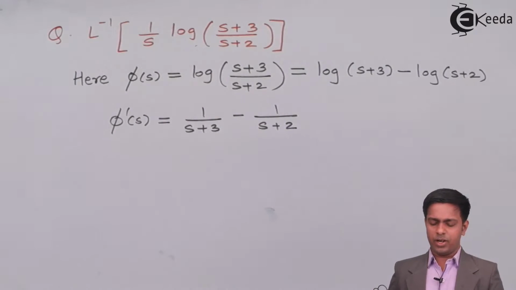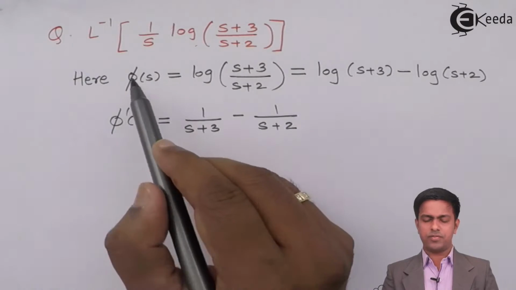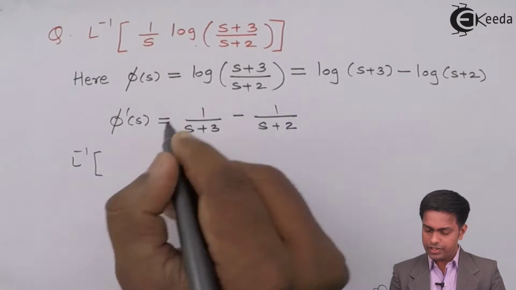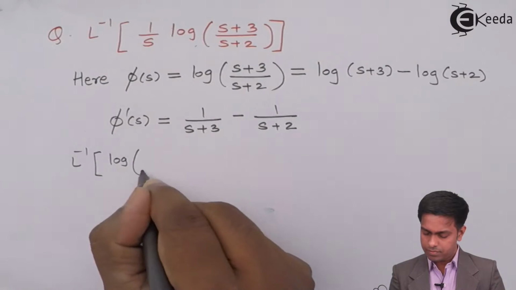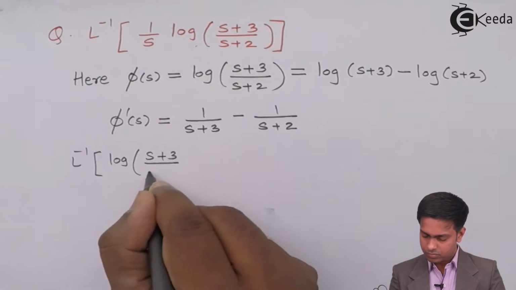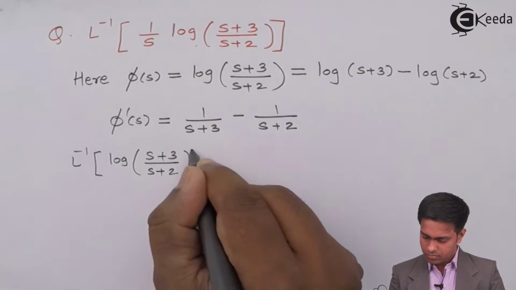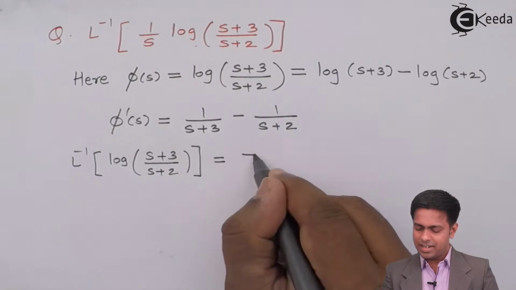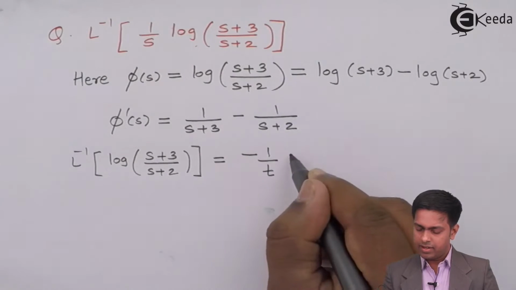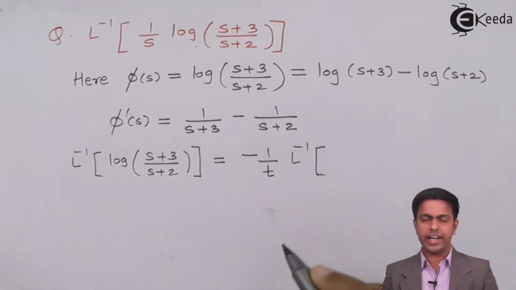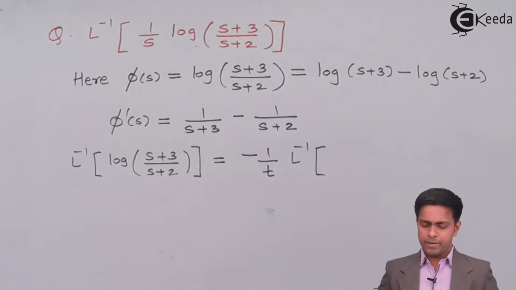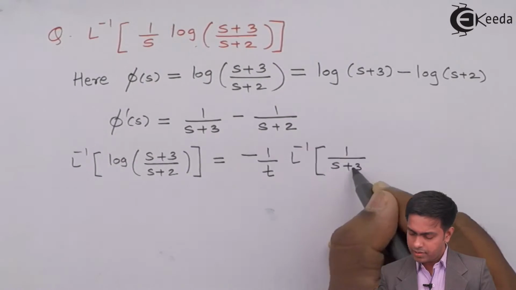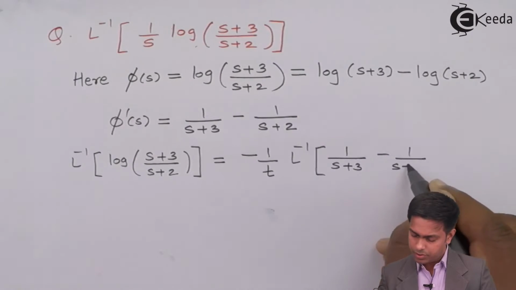Now let's find the inverse Laplace transform of this phi of s. So Laplace inverse of this phi of s, which is log of (s plus 3) upon (s plus 2), is given by negative 1 upon t times Laplace inverse of phi dash of s as per the property. So this will be 1 upon (s plus 3) minus 1 upon (s plus 2).